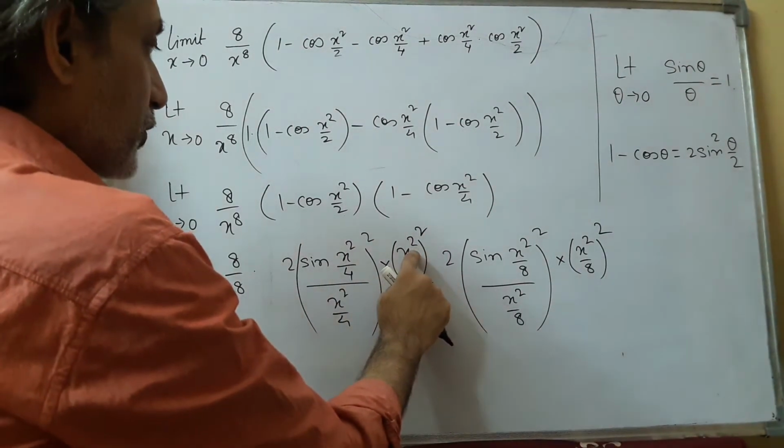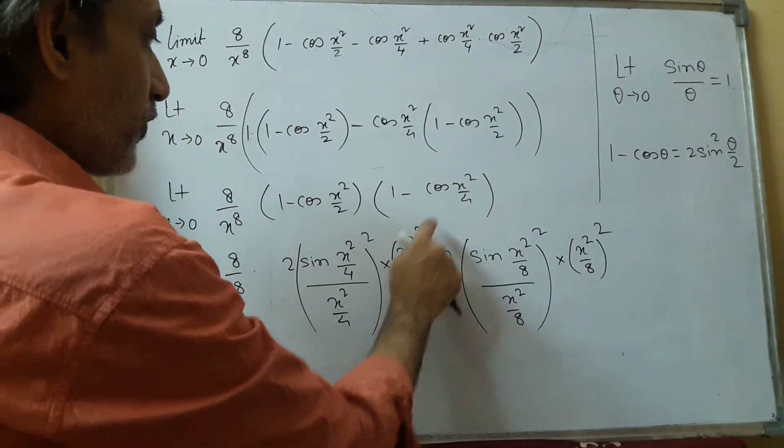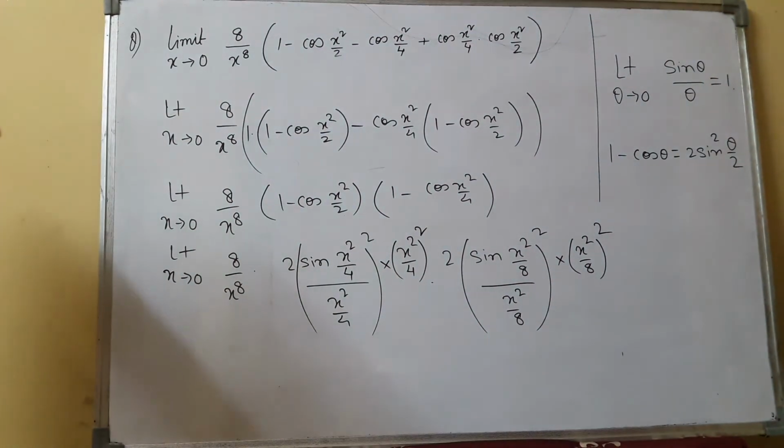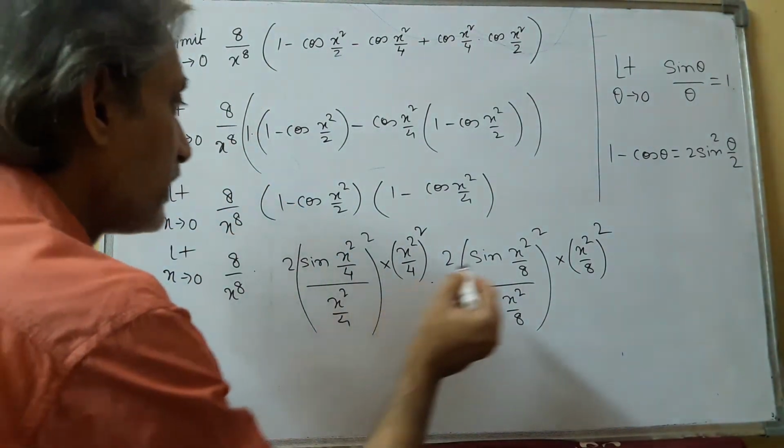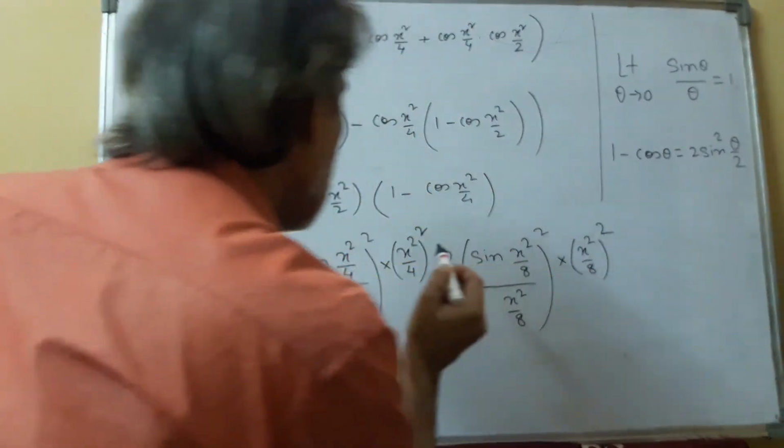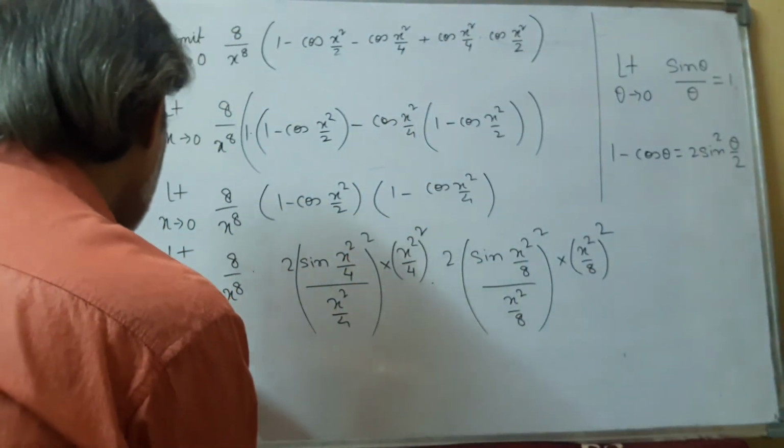Now here x square to square, x raised to power 4. So I am making some changes.